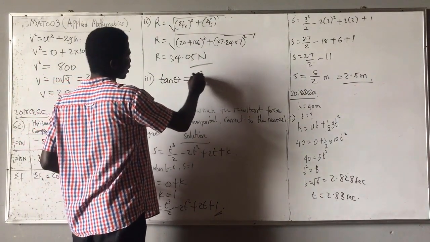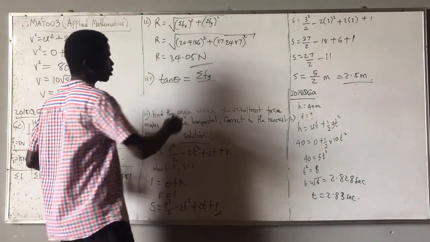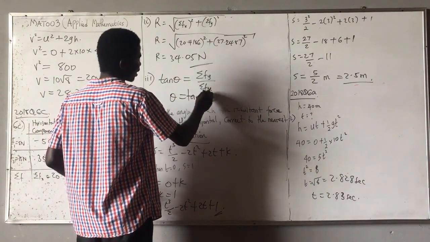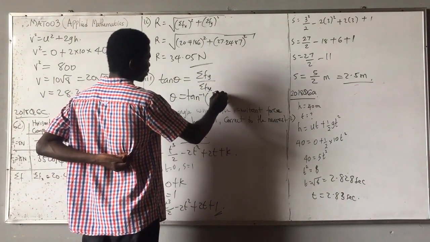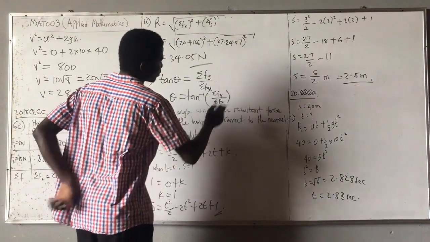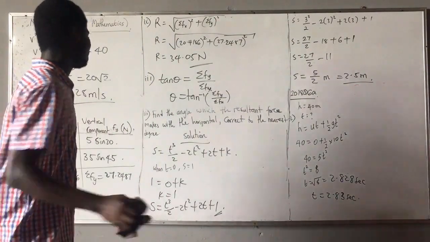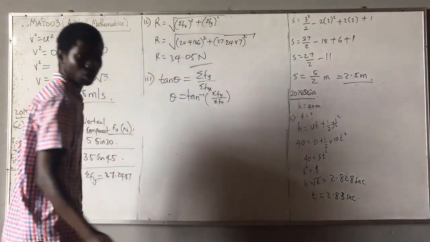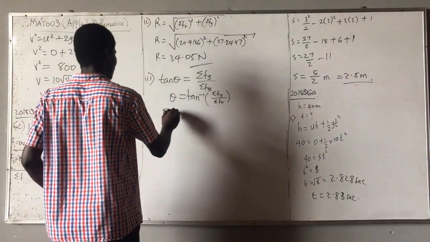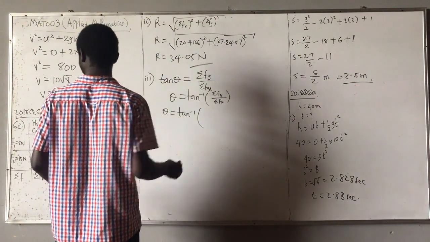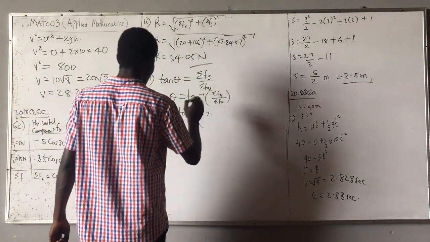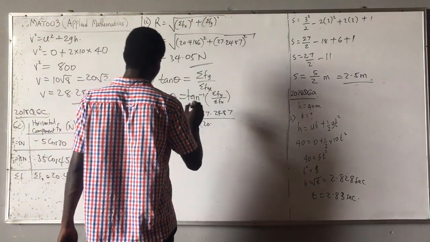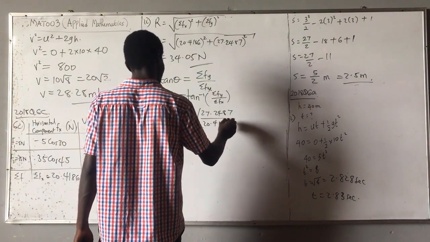Tan theta equals the summation of the vertical component over the summation of the horizontal component, or theta equals arctan of that ratio.